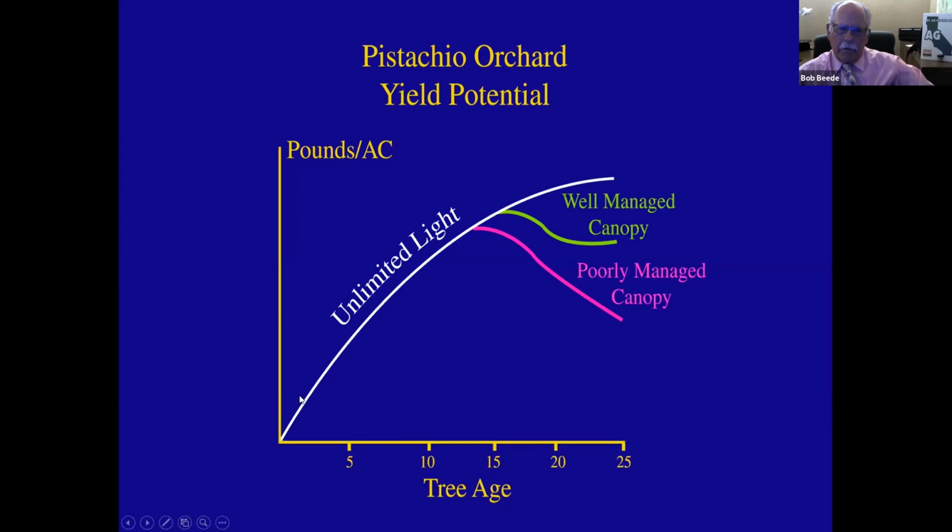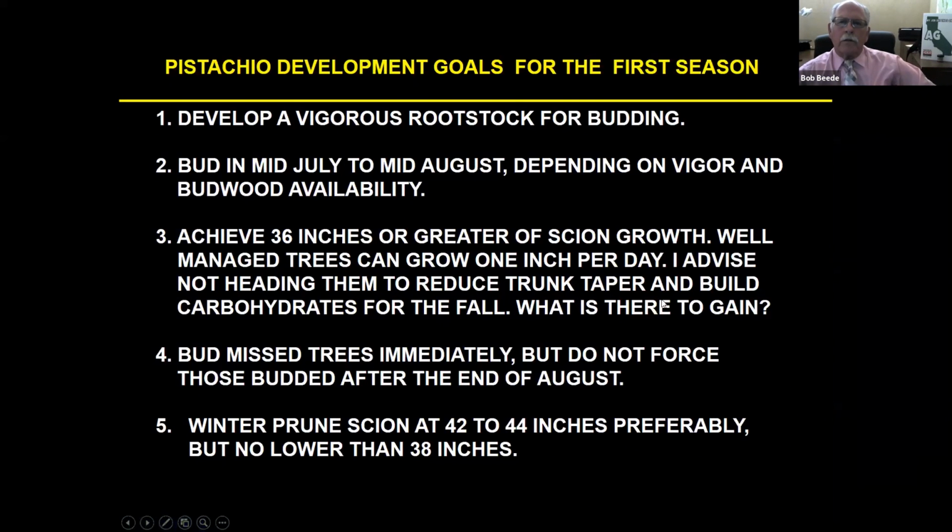Now we've improved the canopy size, meaning that we have more fruitwood early, but at full maturity, we're thinking that the trees should bear about the same. Time will tell.